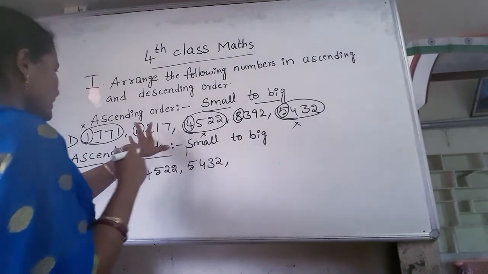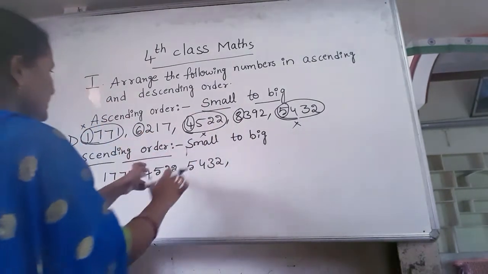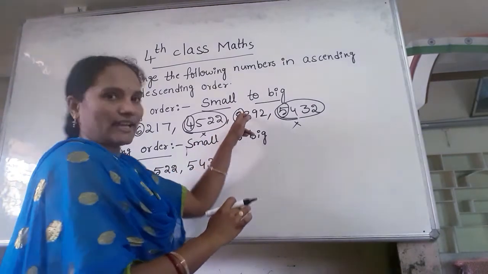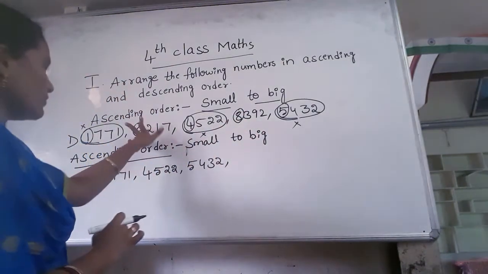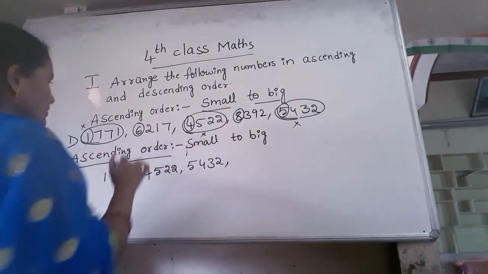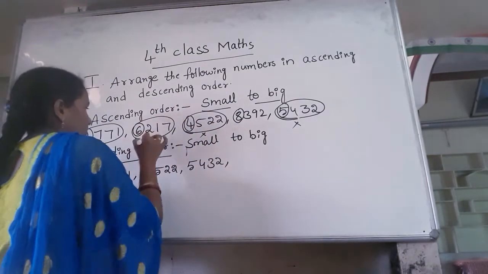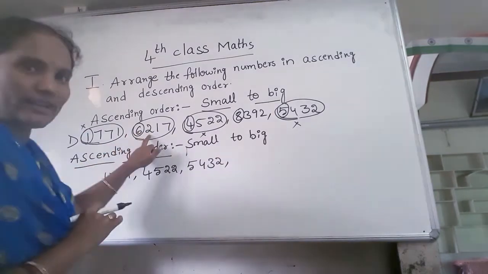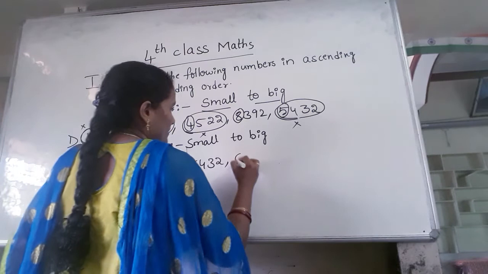Now next, two numbers are there. In thousand place 6 is there. Here thousand place 8 is there. Okay children. So which one is the small one? 6 or 8? 6. So this is the smaller number. What is our small number? 6217.